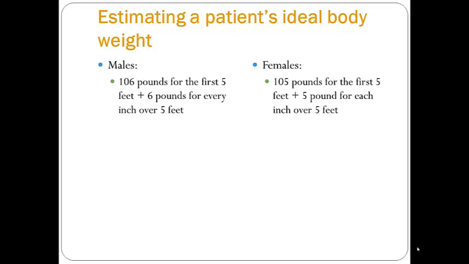The quick formula here for males starts with assigning 106 pounds for the first 5 feet, and then 6 more pounds for every inch above 5 feet. And for females, the formula starts with assigning 105 pounds for the first 5 feet, and then you add 5 pounds for every inch above 5 feet.